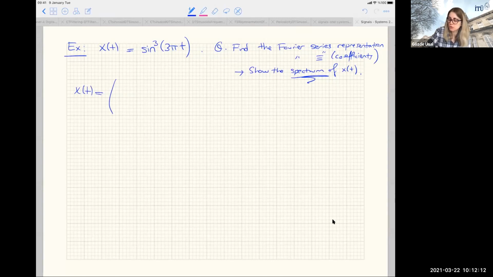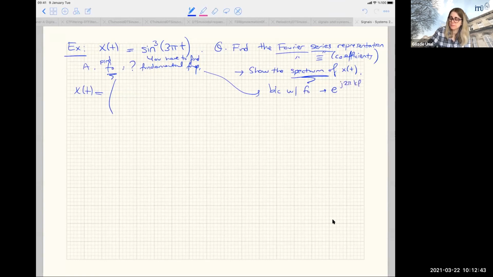What is the sine 3 pi t? And to do that, when I ask you for Fourier series coefficients, you should ask yourself, what is the fundamental frequency? You have to find the fundamental frequency of the signal, because otherwise you can't write the basis functions. Because with f0, we know the basis functions, right?